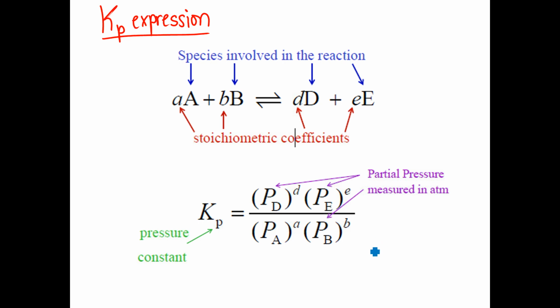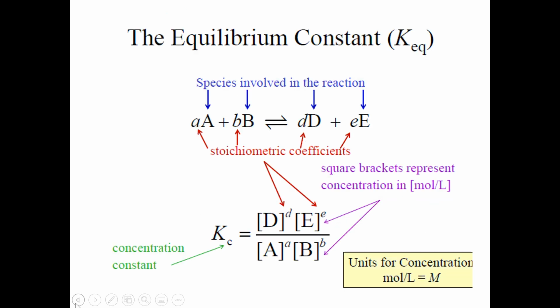And what this stands for, if you say like P sub A, that means the partial pressure of A. And when we give a Kp value, or if we try to calculate the value of Kp, we need to make sure that the pressures are being measured in atmospheres. And that's just basically how we define the Kp is we take the partial pressures of those gases in atmospheres and plug them into the K expression. So this can work if you have a system involving gases. So you want to be able to write a Kp expression or a Kc expression. Make sure we're using the appropriate symbols there.